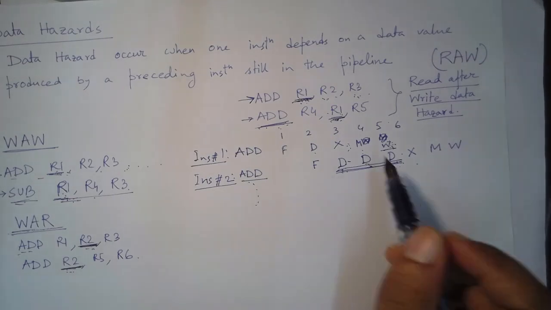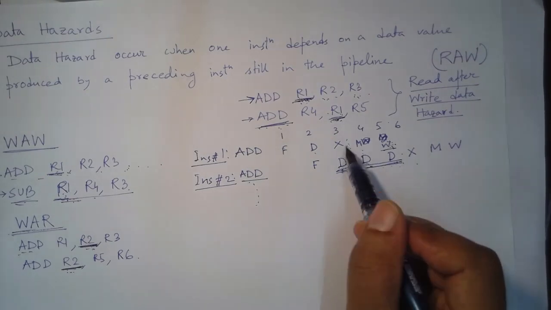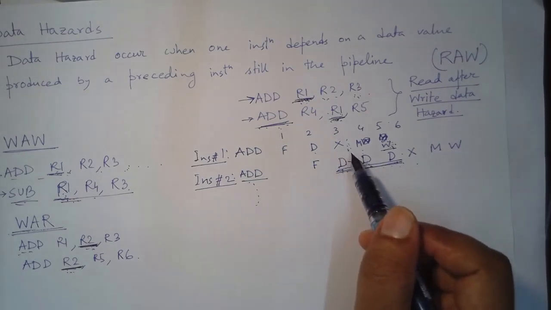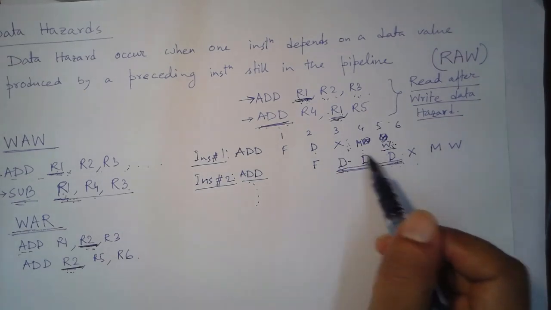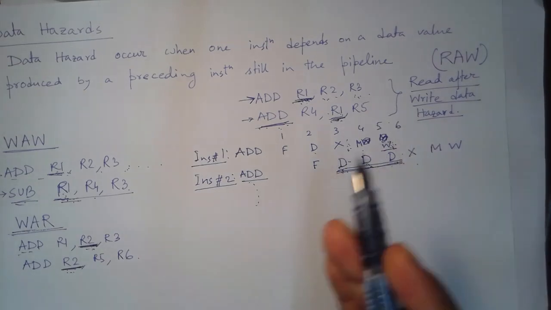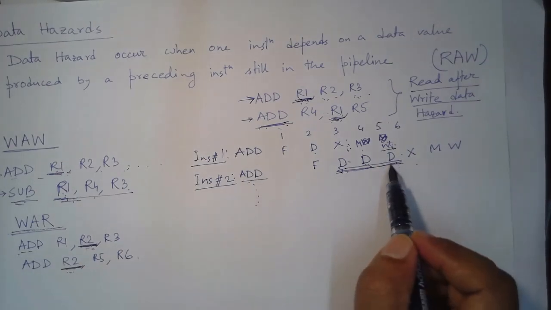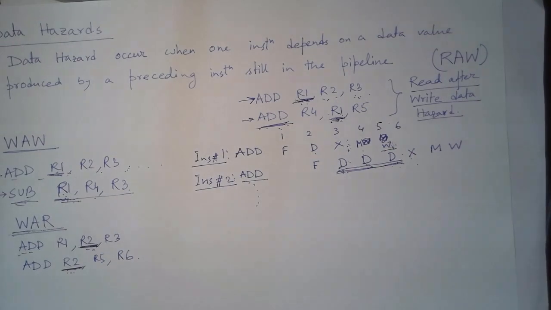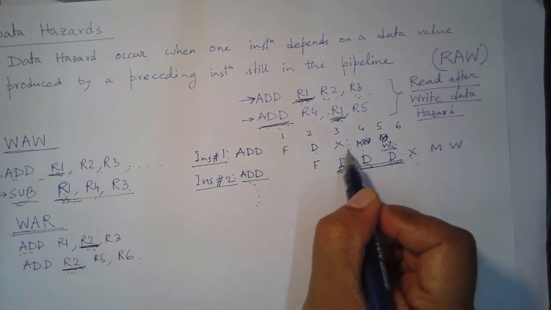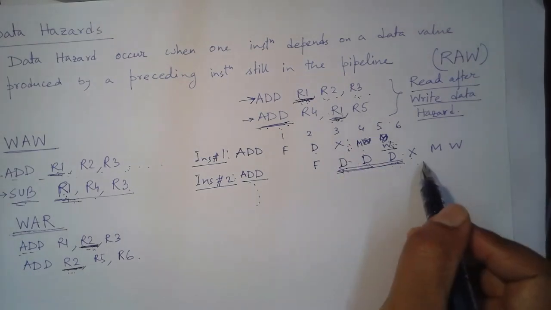It says that okay, your value is available after execution. So, can you forward this value to the next instruction or the previous stage, so that the next instruction can use this value. So, basically since the correct value is available here, so we can decide to forward it to the next instruction.